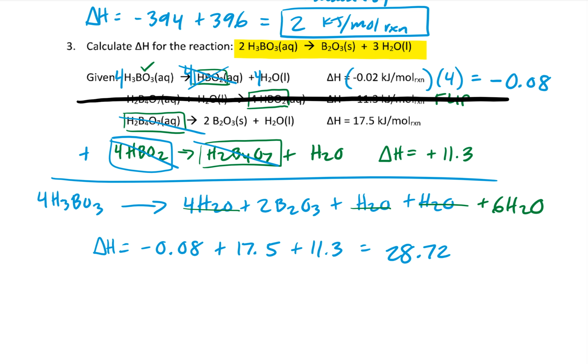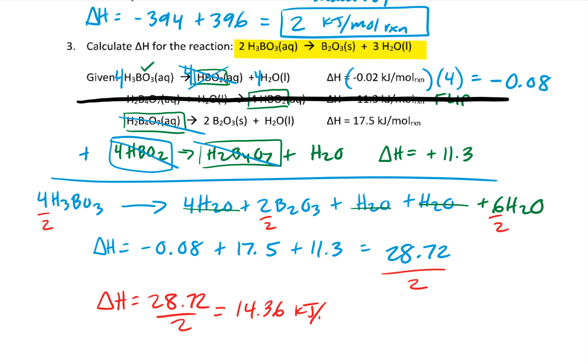So to get to that desired equation, we're going to need to divide all these coefficients by 2. Divide by 2, divide by 2, divide by 2. And guess what? We have to do that to the delta H. We're going to have to divide that by 2. So now the delta H value is 28.72 divided by 2. I get 14.36 kilojoules per mole of reaction.